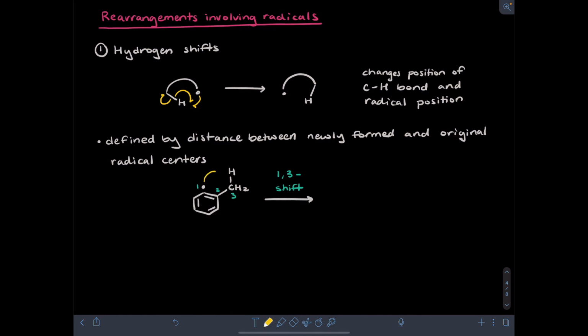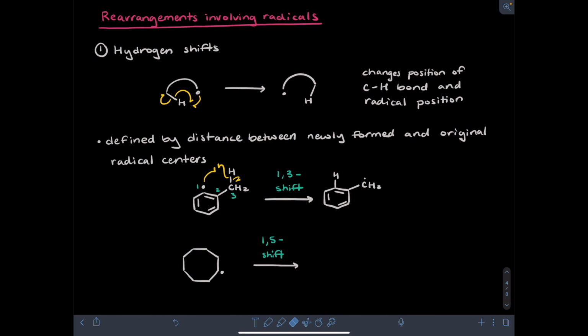From the radical to a point in space, from the CH bond to the same point in space, and from the CH bond to carbon. This creates a new CH bond at the original 1 position, and a new radical is created at carbon 3.